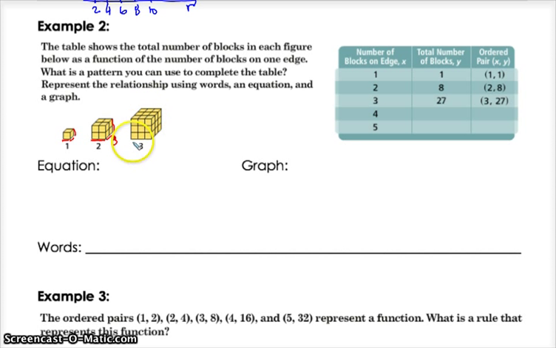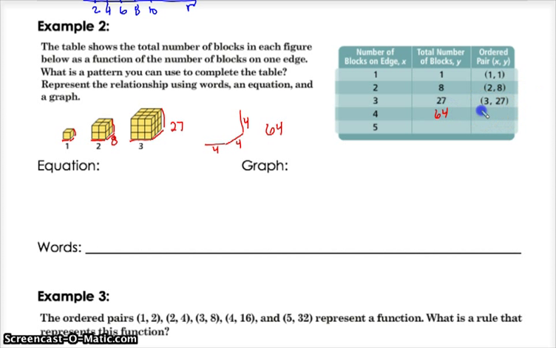In the third case, I have 3 blocks on an edge, so that's 3 times 3 times 3, and that gives me 27. So to find 4, I will have 4 times 4 times 4, which would be 64.